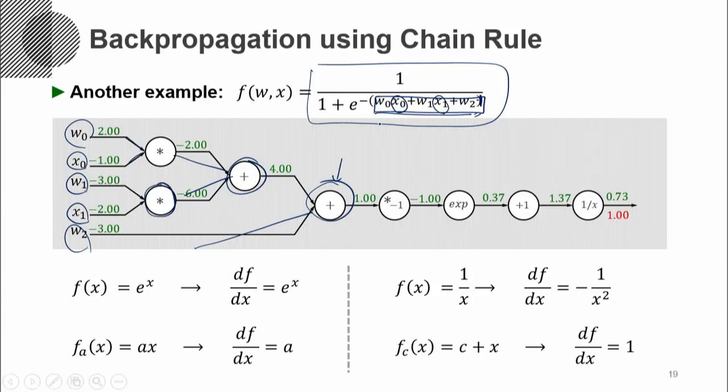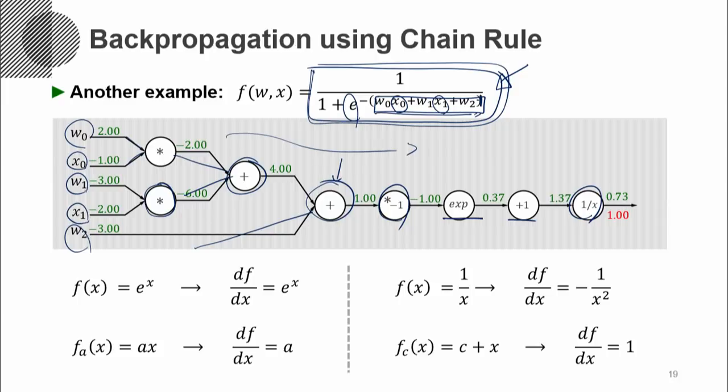Then we multiply it by -1, and take the exponential of this value, and then we add just 1 to this value, and then take the reciprocal. That way, we obtain this function. So this complicated function can be viewed as this sequence in our computational graph.